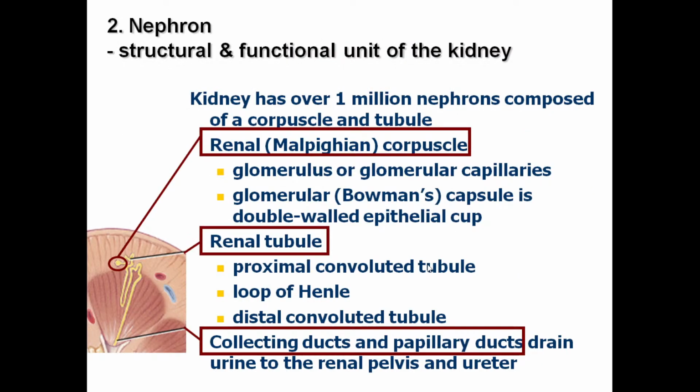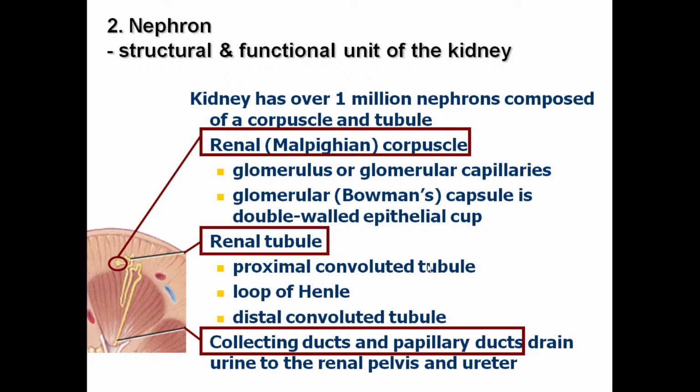So the next topic we are going to discuss is the structure of the nephron. As you know, the functional unit of the kidney is the nephron, a tube that consists of different transporting epithelia in sequence, and each kidney has around 1 million nephrons.